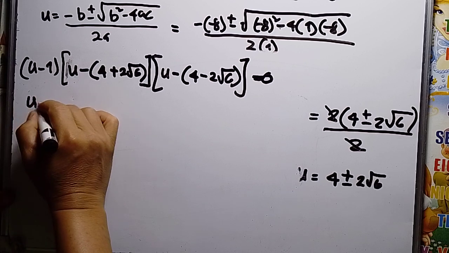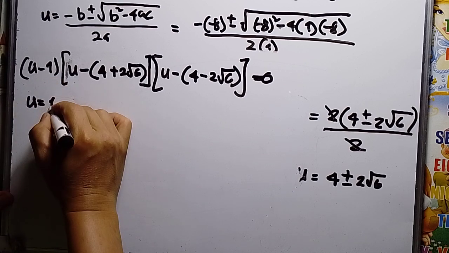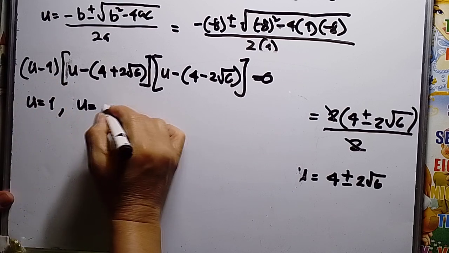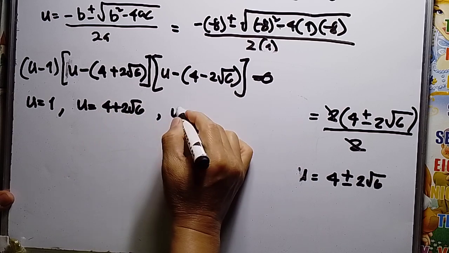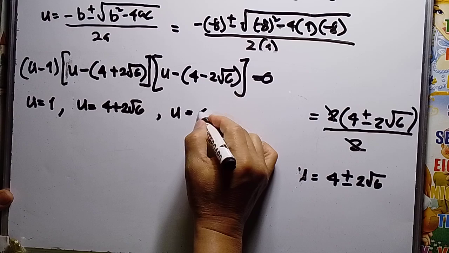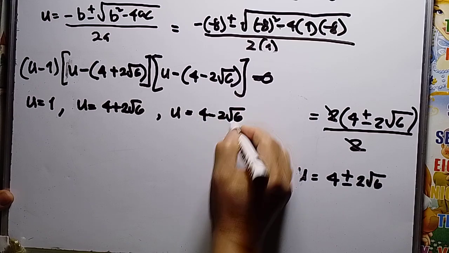So solving for u, u is 4 plus 2 square root of 6, and then u will be 4 minus 2 square root of 6.